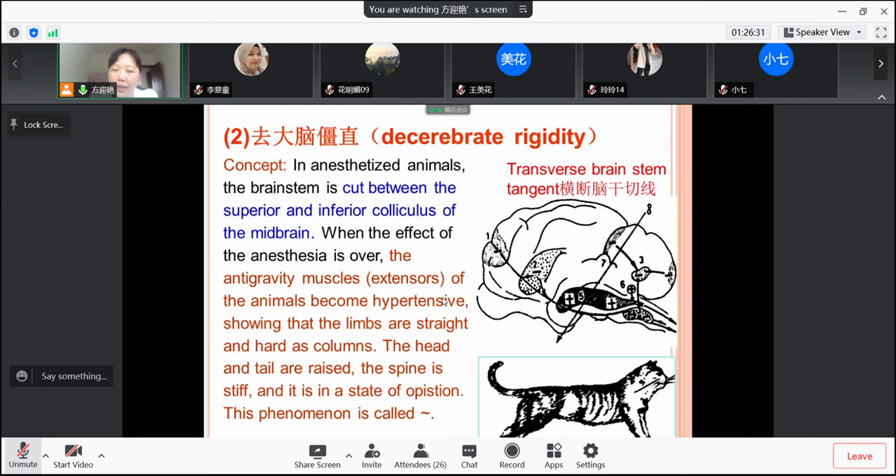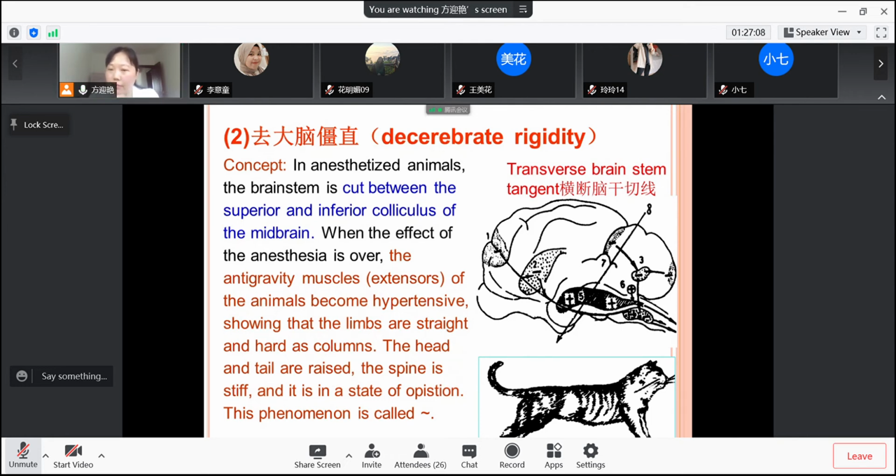The hypertonia shows mainly that the four limbs are straight and hard, the head and tail are raised, and the spine is stiff. This is a state of opposition. We call this phenomenon decerebrate rigidity. Understand?